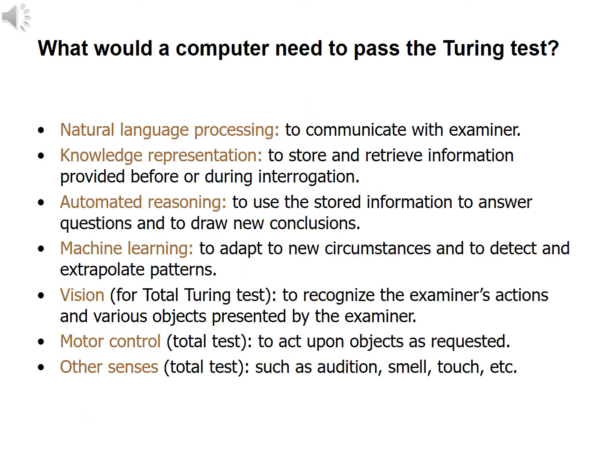In addition to the characteristics that the AI system should have to pass the Turing test, we can also add motor control and all kinds of senses. So not only vision but also other senses: audition, smell, touch, etc.